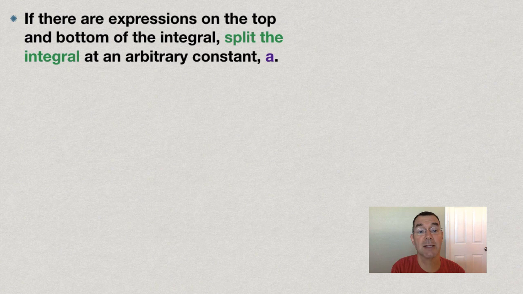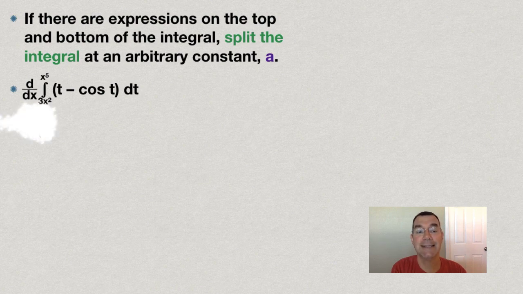Let's say there are expressions on the top and the bottom of the integral. Well, what I can do is split that integral into two integrals with some arbitrary constant a. I really don't need to know what a is. You don't even need to use the letter a as long as it's a constant and not a variable. So let's say I have the derivative with respect to x of the integral from expression 3x squared to expression x to the fifth of t minus cosine t dt.